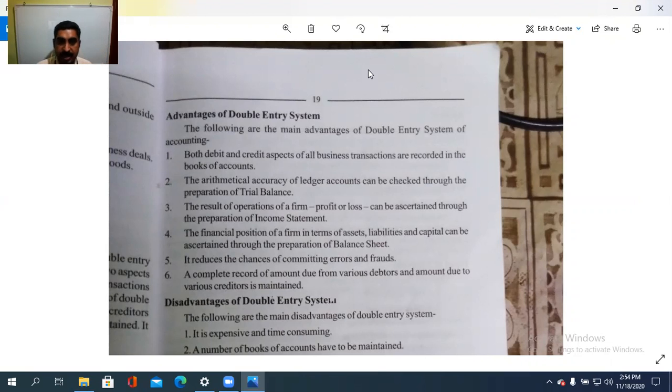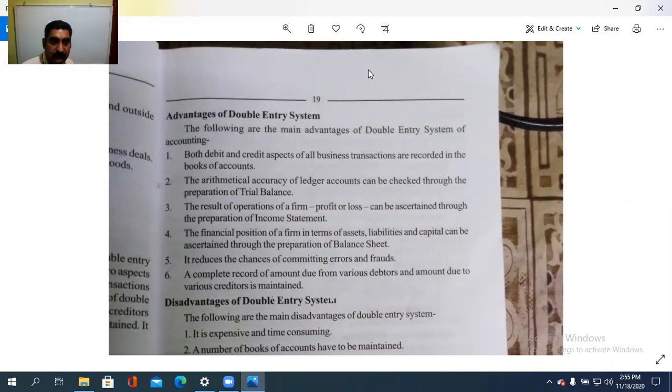Number two, arithmetical accuracy of ledger accounts can be checked through the preparation of trial balance. For those non-commerce students, what is a trial balance? It means the balances of the ledger accounts that are to be prepared. That is the trial balance.